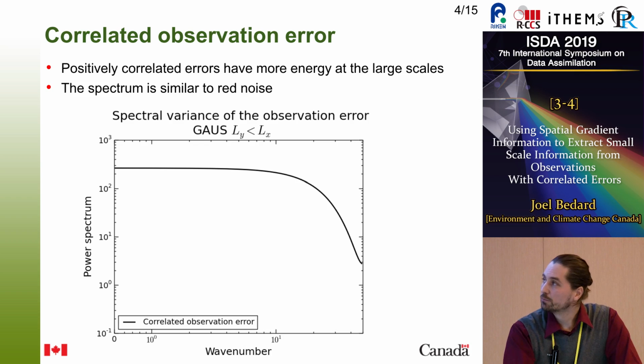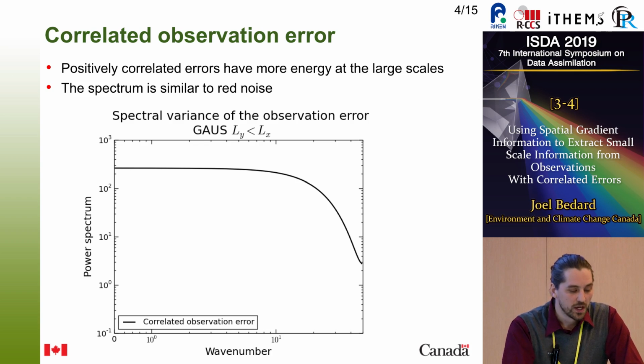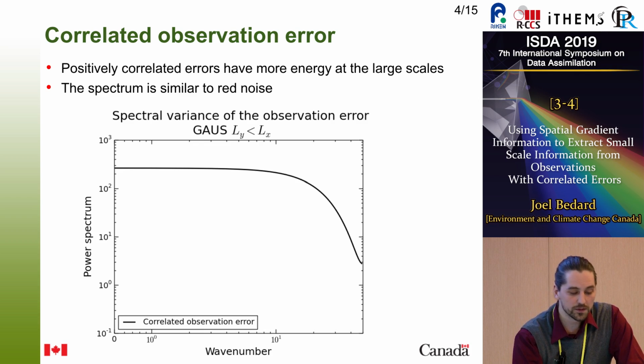To be sure that we all start with the same mindset here, I present the spectral variances of the observation error for the case where we have positively correlated errors. We see that we have more energy at the large scales, similar to red noise.